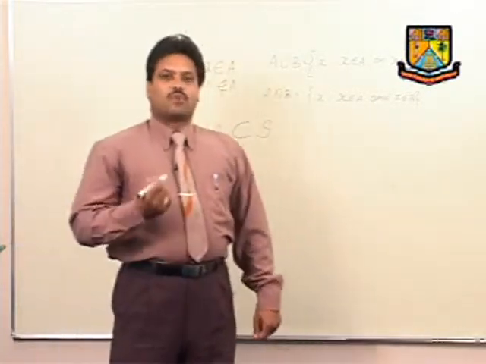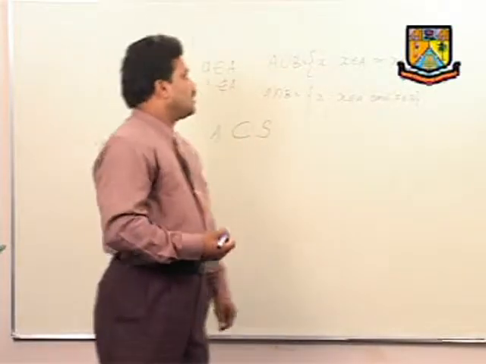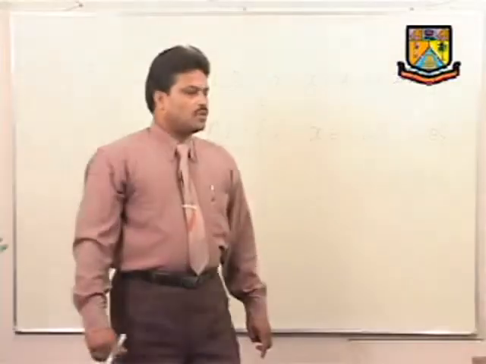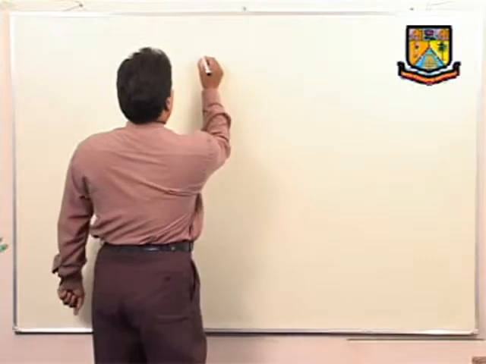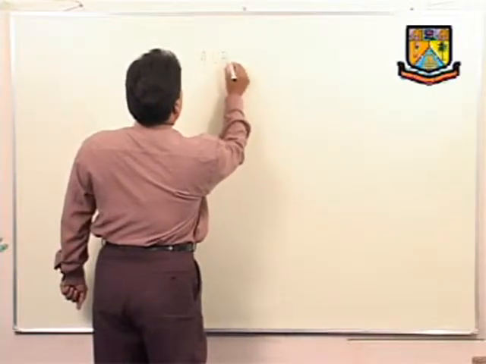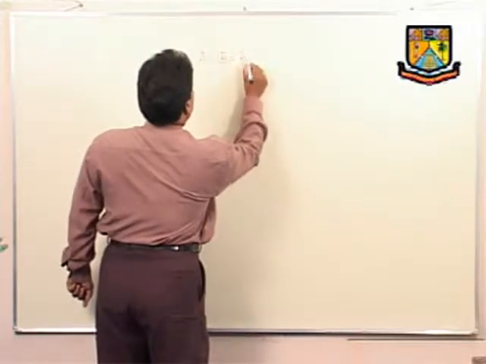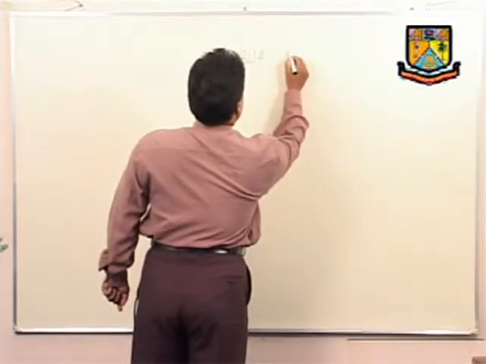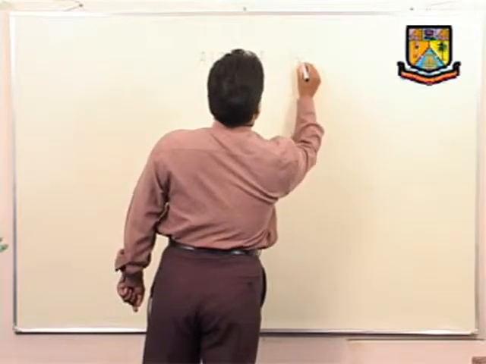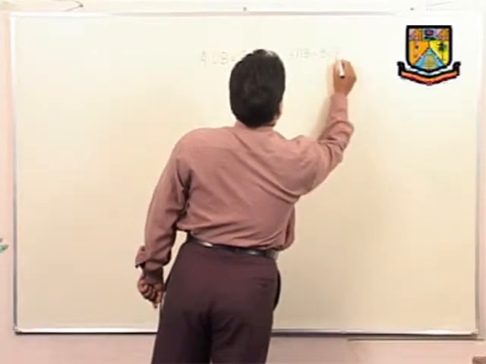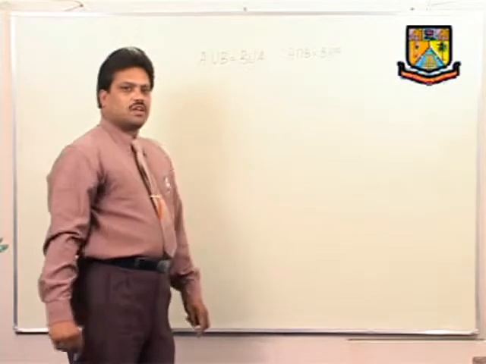Now we will see some properties connecting union as well as intersection. First one, commutative property. A union B equals B union A. And regarding intersection, A intersection B equals B intersection A. Commutative property.